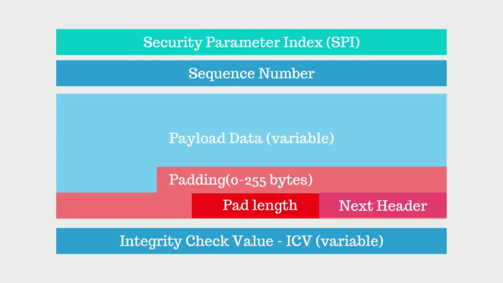Next comes the padding, which is of 0 to 255 bytes. This padding accounts for the encryption algorithm. If we use an encryption algorithm which uses 2 byte or 4 byte values together, then we will use padding to indicate a duplicating value.